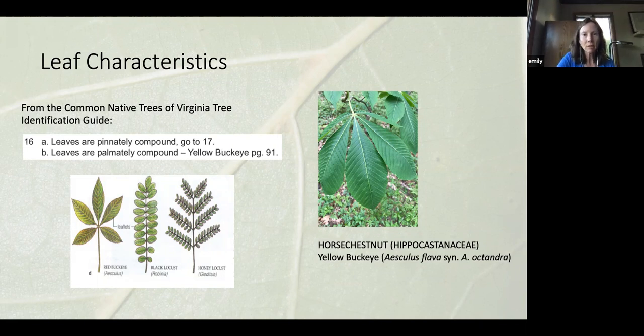So this is our only palmately compound opposite branching tree, the horse chestnut or yellow buckeye. And if you are an Ohio State fan, you should be well aware of your branching pattern for the buckeyes.